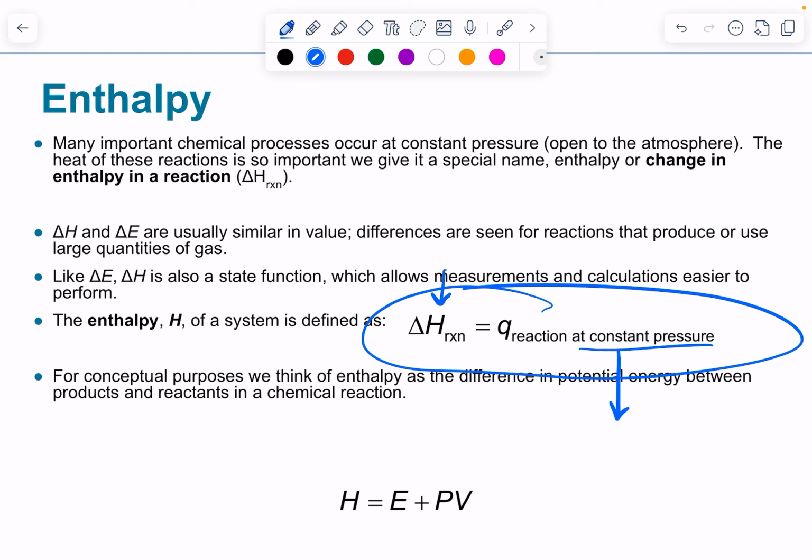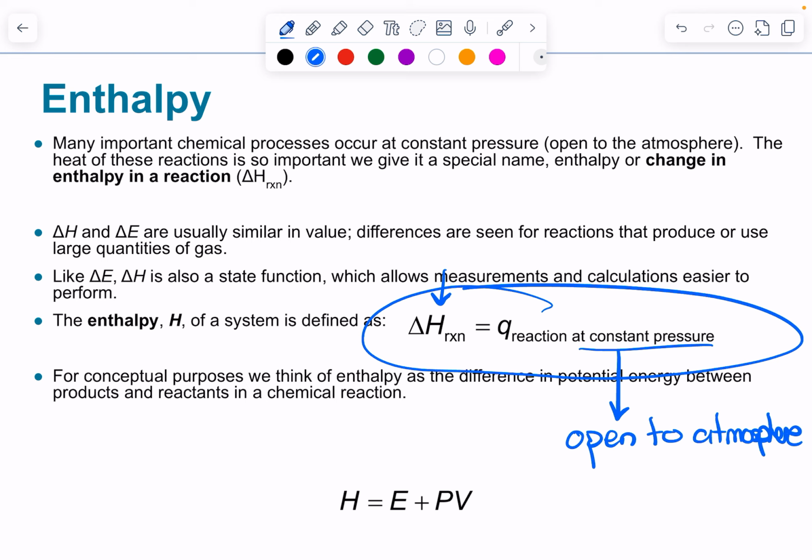Another way of saying that is that the reaction is open to the atmosphere, or it's able to change its volume and kind of exchange pressure with the surroundings that it's in. But it's most of the reactions we're thinking of. This is versus like a reaction that's happening in a reaction vessel.